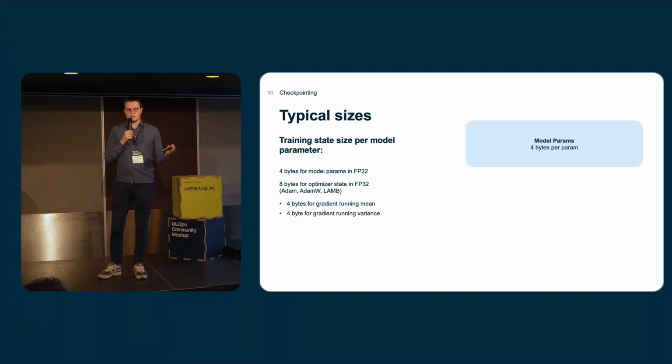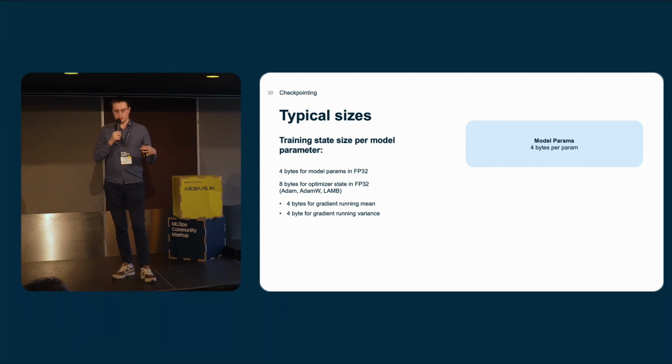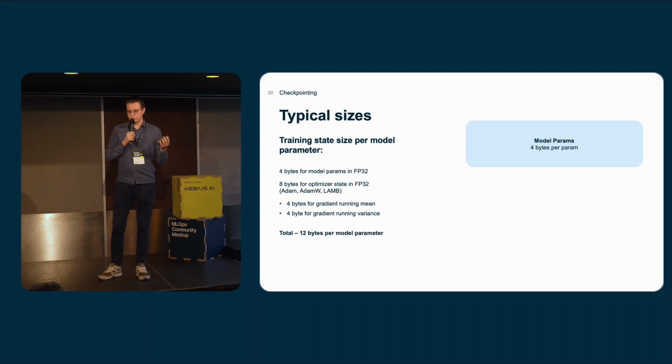And the optimizer state consists of gradients, running mean and running variance for all model parameters.